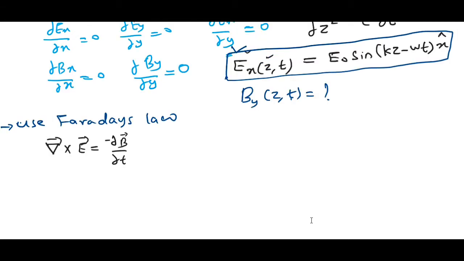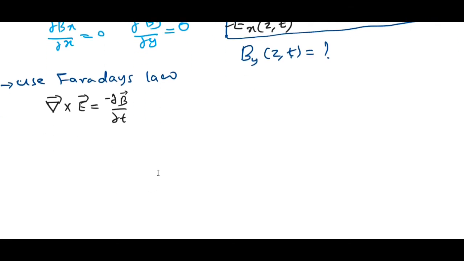Here the electric field component is along the x direction only. Therefore, to find the magnetic field, we have done a lot of problems to find the curl of a vector. We can do the same here also.